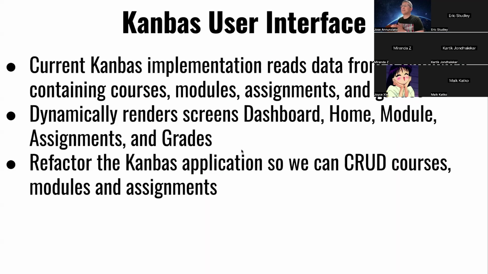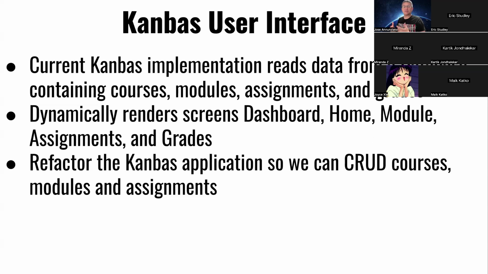So the current implementation that we have from Kanbas is taking a data structure that contains courses and modules and assignments, and then literally calculating, passing all that data through a function that calculates the user interface.